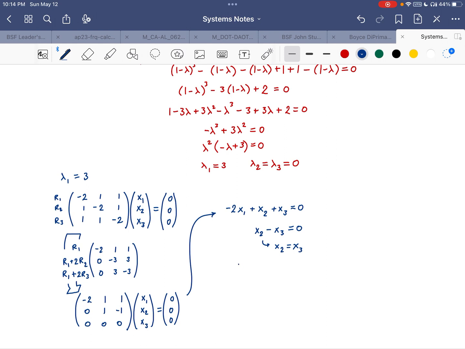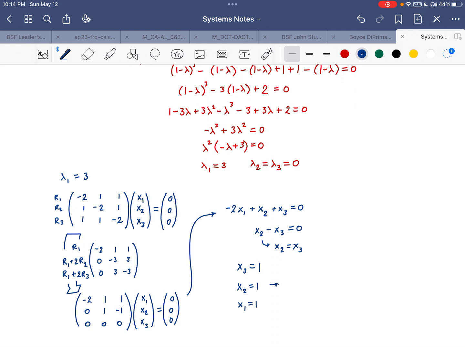Okay, so let's choose x3 to be, it's our free choice like we've been doing when we're doing eigenvectors. X3, let that be 1. That forces x2 to be 1. And if you go back and put 1 and 1 in for those here, that will force x1 to be also 1.